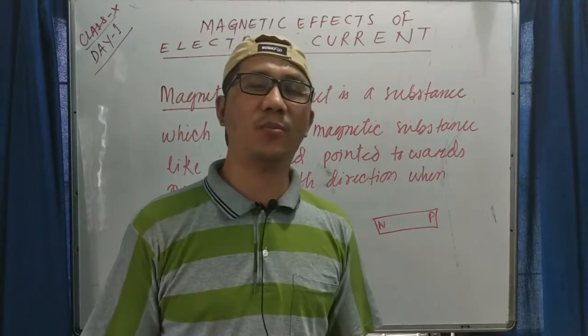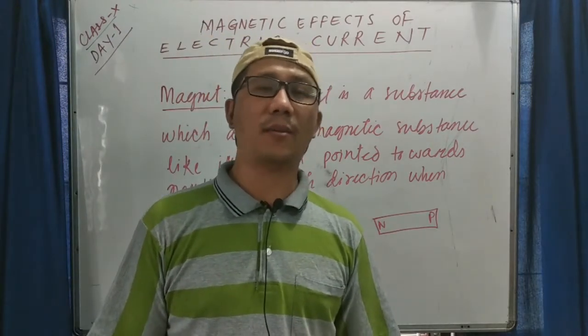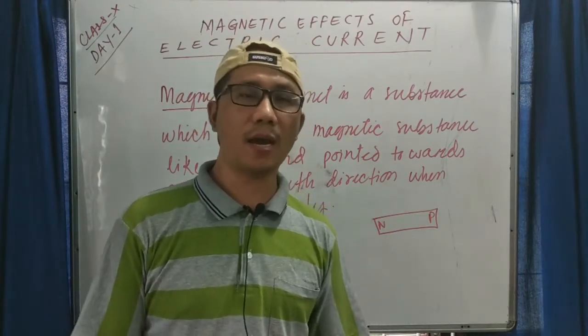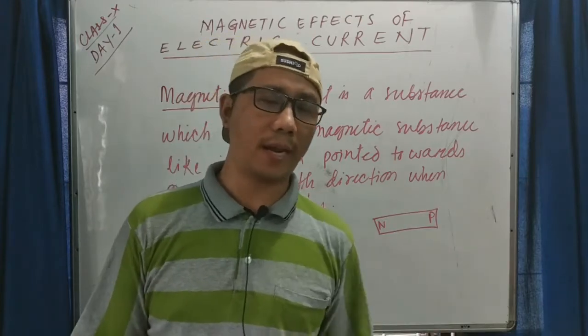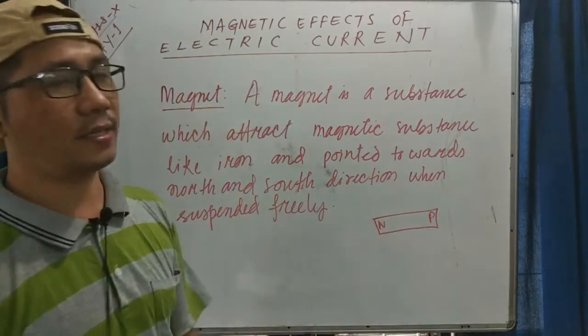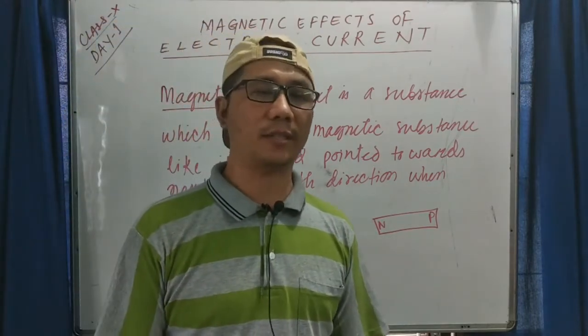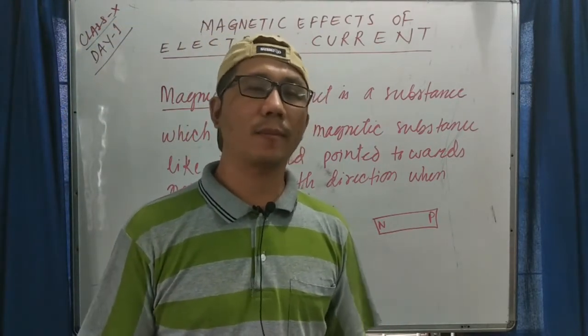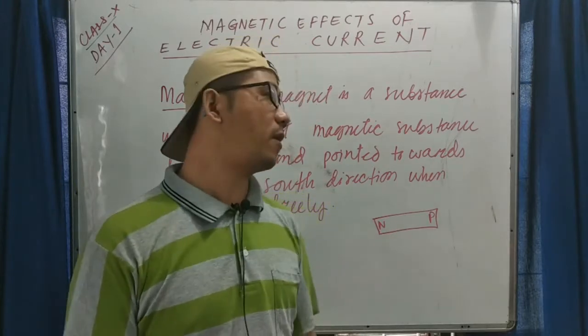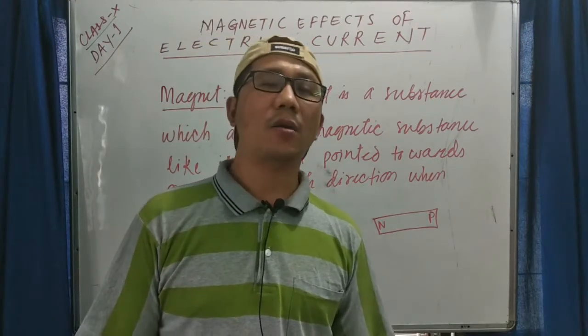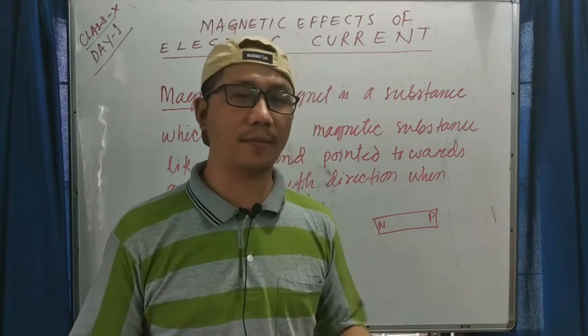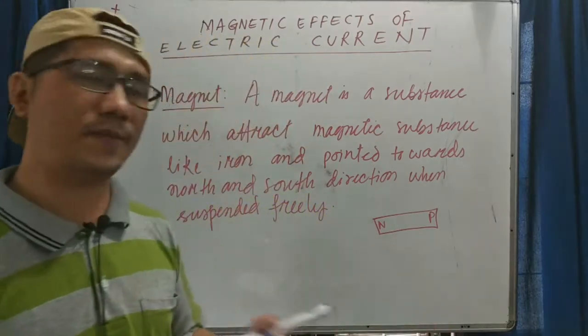They are generally blackish in color, so we also call it a black stone. Another type is the artificial, that is the man-made magnets. We prepare them from iron, nickel and all. We can make it a permanent magnet also.